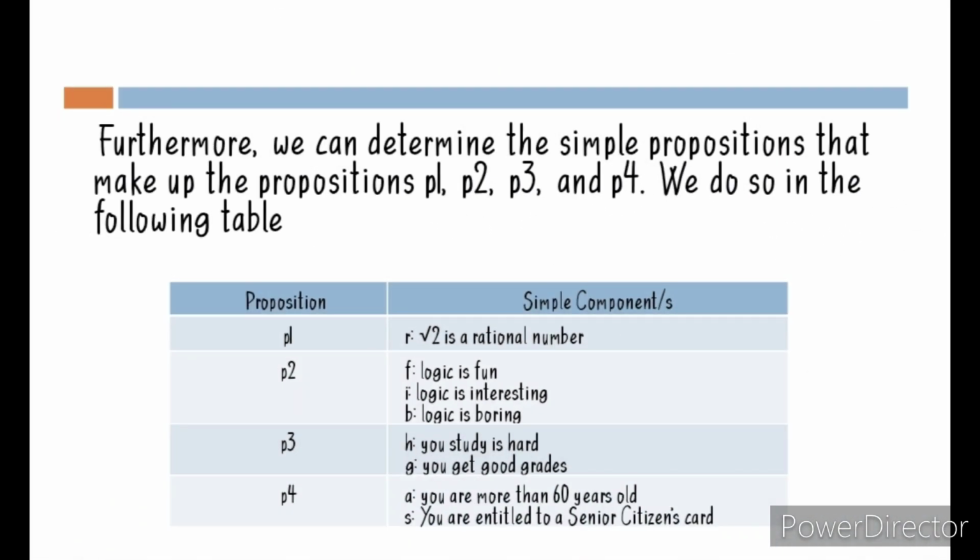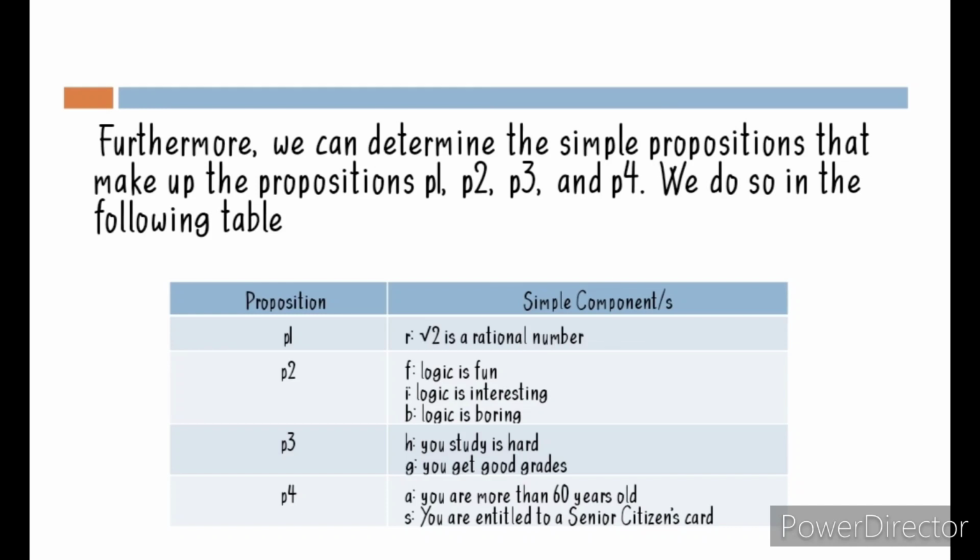Furthermore, we can determine the simple propositions that make up the propositions P sub 1, P sub 2, P sub 3, and P sub 4. We do so in the following table. The proposition P sub 1 is using the proposition R, square root of 2 is a rational number.